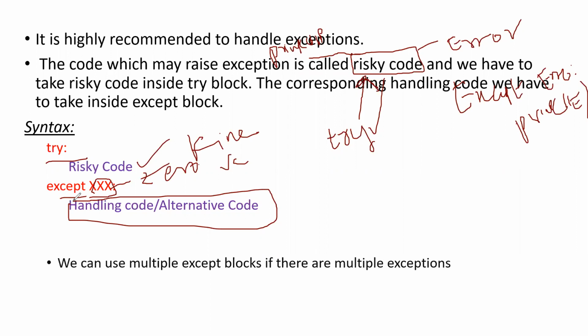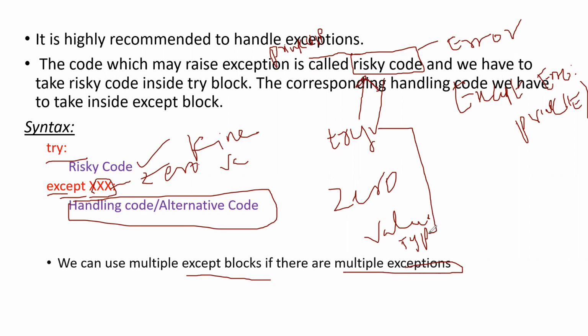If there is a case where we can get multiple errors, like ZeroDivisionError, ValueError, TypeError, for that we can use except multiple times. Except can be used for the multiple exceptions, for the multiple errors.